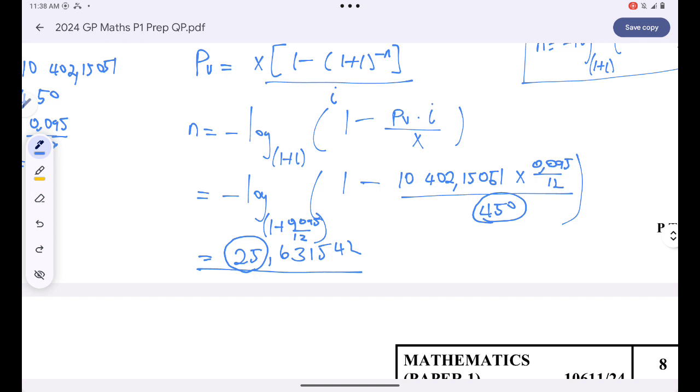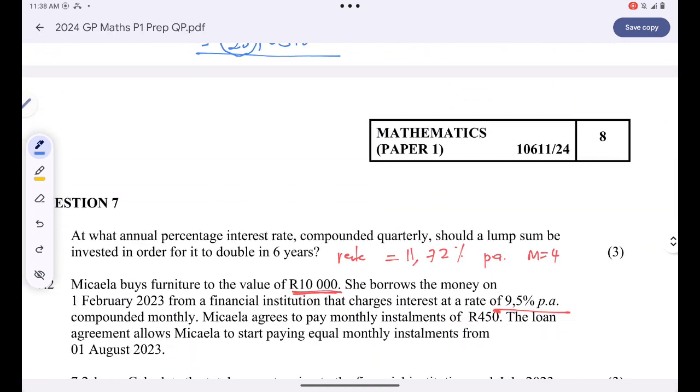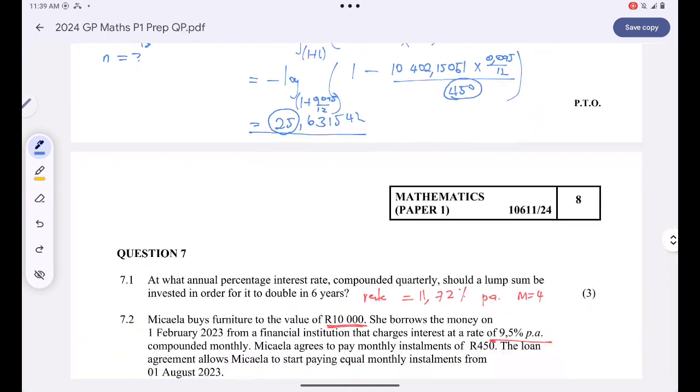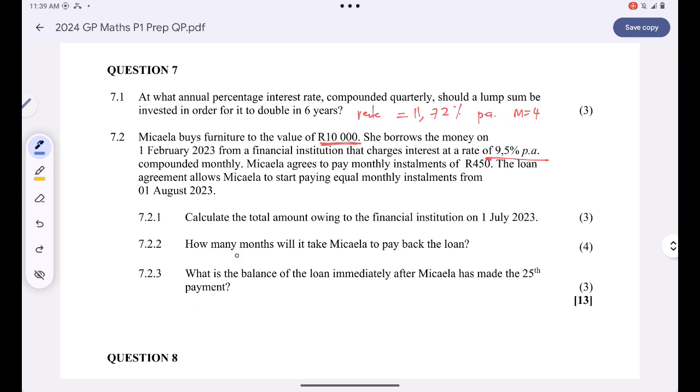Are you together? So that's how we're supposed to tackle that. Michaela will be able to pay back the loan in 26 months, but on the 26th month she wouldn't pay 450; she would pay an amount smaller than 450.